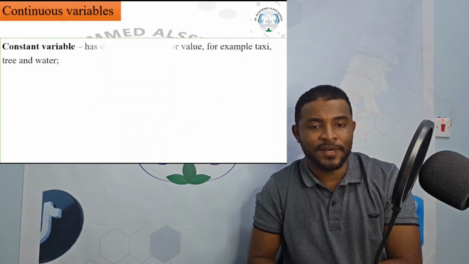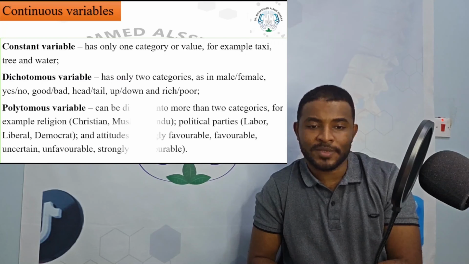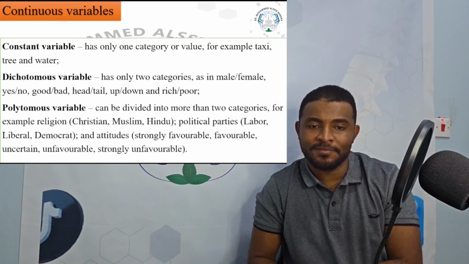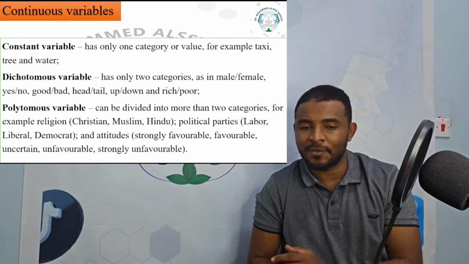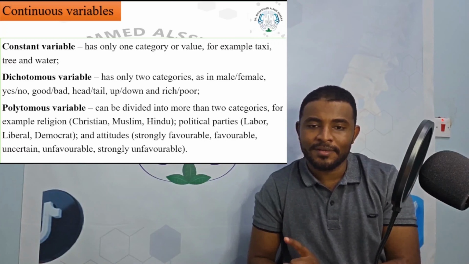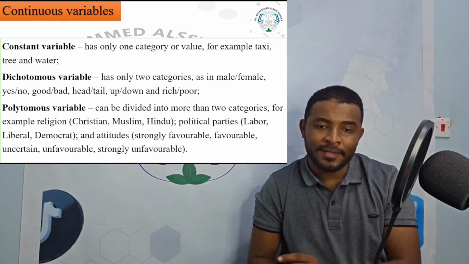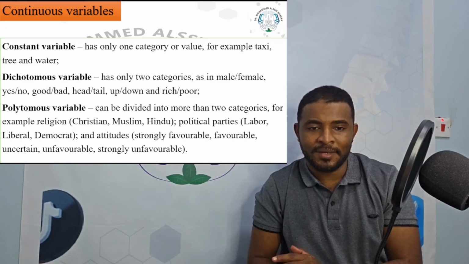We have constant variables, dichotomous or polytomous variables. The constant variable has only one category or value. For example, water has only one value, not more. Dichotomous has two categories: male, female, yes or no, good or bad, and so on.